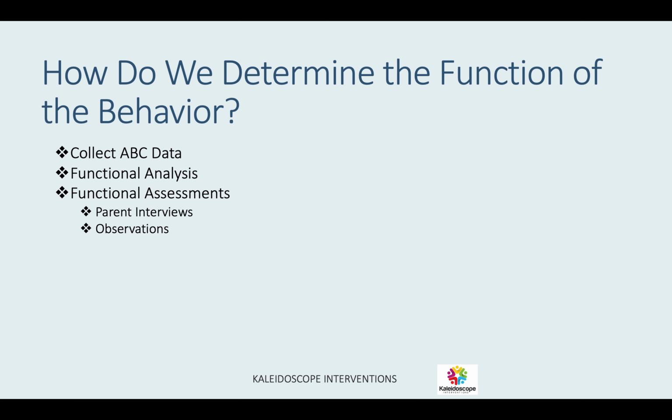During this condition, if the target behavior does occur, then we provide attention in the form of verbal statements. Let's say the targeted behavior is the child's hitting. If they do hit the person that is in the room with them, attention would be provided. They would say, please don't do that, or that's not safe, or I don't like that. That tests to see if the behavior then occurs more often when the attention is provided.